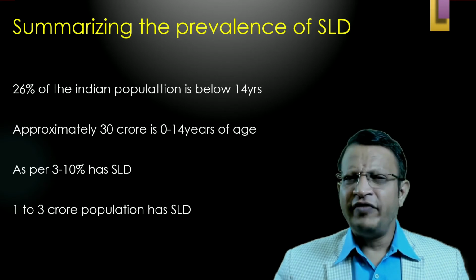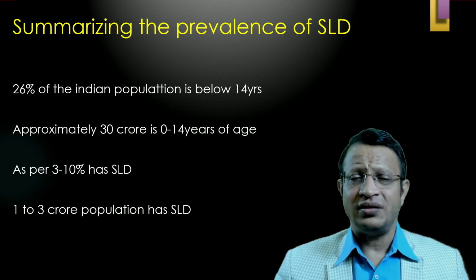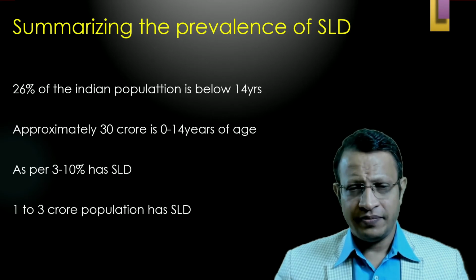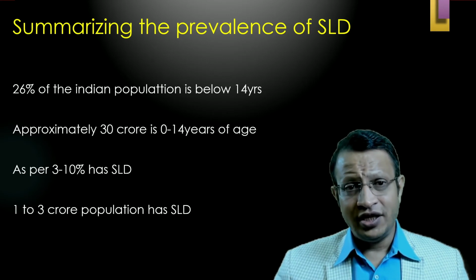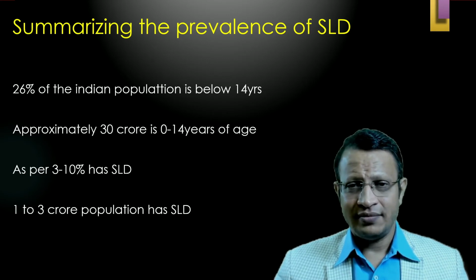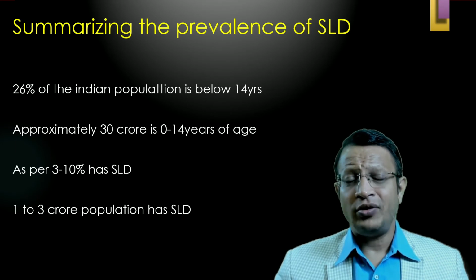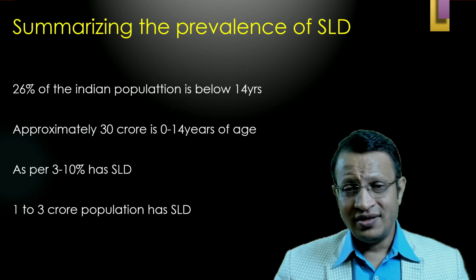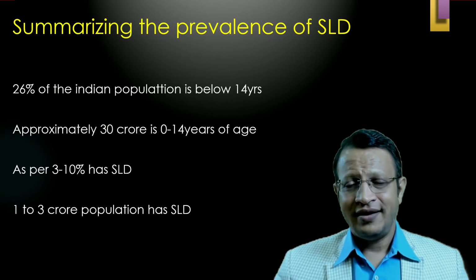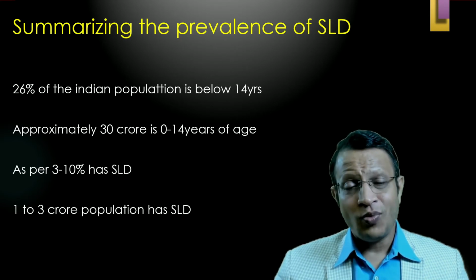That means approximately 30 crore children are below the age of 14. If you consider that 3 to 10% of them have SLD, that means somewhere around 1 to 3 crore children are suffering from SLD. My dear friends, it's not a small number.